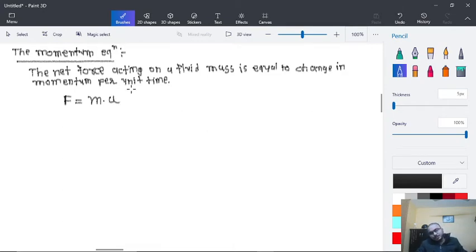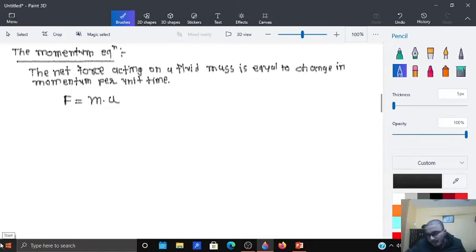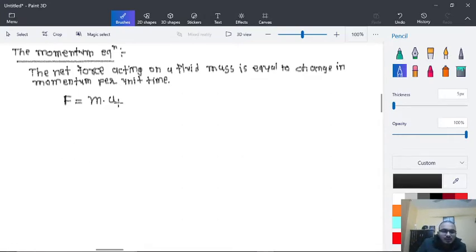If you recall, acceleration is nothing but the derivative of velocity with respect to time. So F is equal to m into dv upon dt.